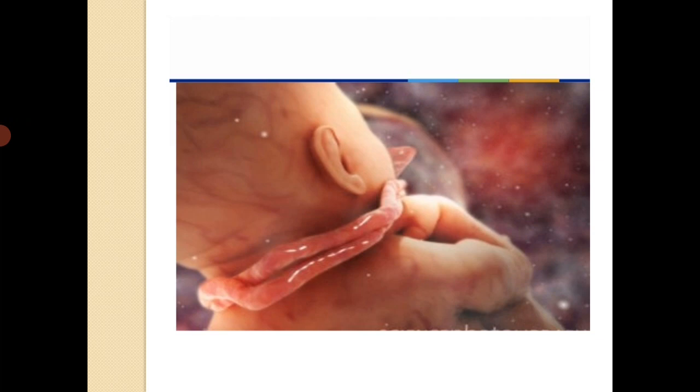Single or multiple looping may cause a short cord with all its complications. Looping of cord around the neck may cause fetal distress due to tightening of the cord around the neck during descent. Therefore, it is important to check for a cord around the neck as soon as the baby's head is born.